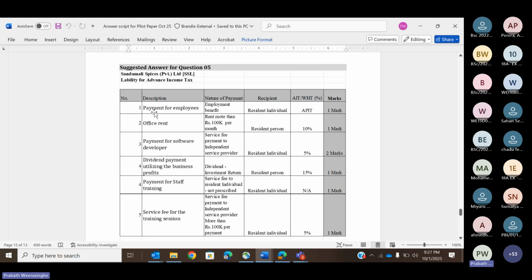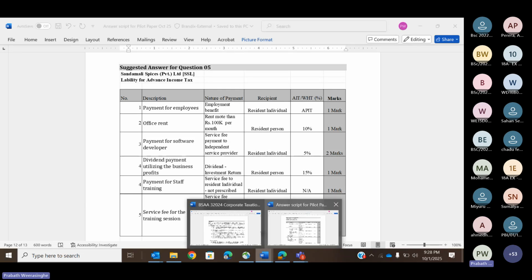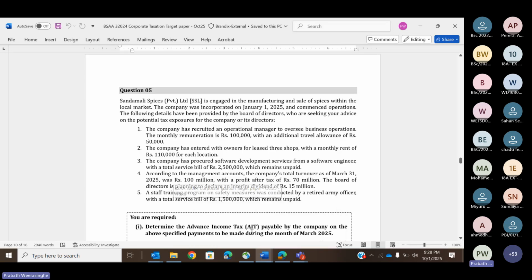So what is this payment for? For an employee, like salary, so it comes under the nature of payment employment benefit. Recipient is a resident individual, so subject to APIT, right? Then the company has entered into a lease of shops with a monthly rent of rupees 110,000.